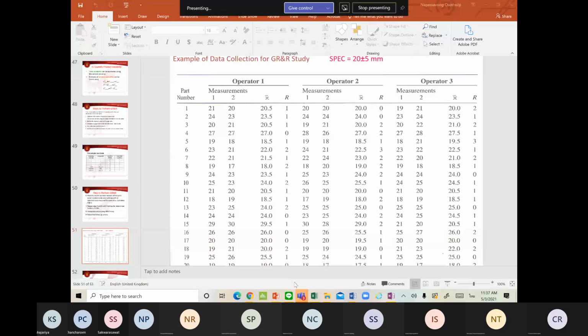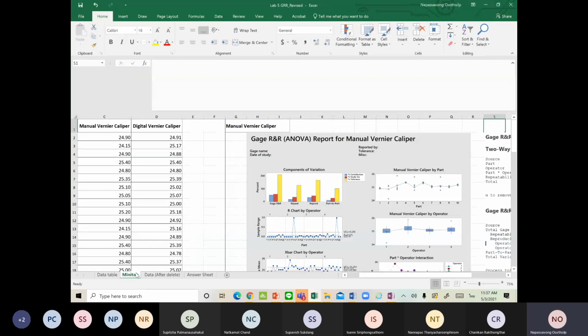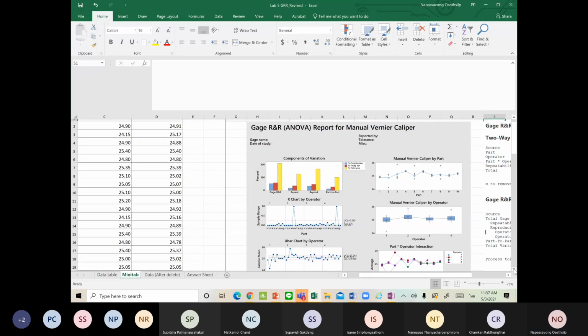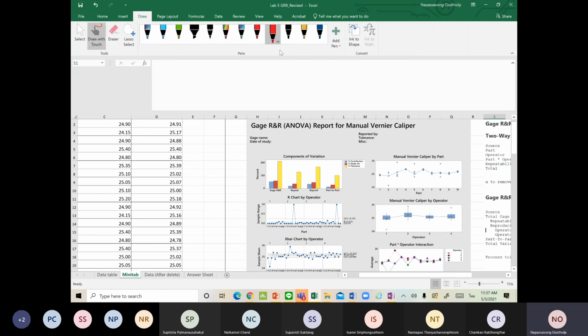The picture is now on the Minitab worksheet. For manual vernier, you will get these outputs, and from these outputs there are 6 boxes here. Maybe I'll get a pen first.